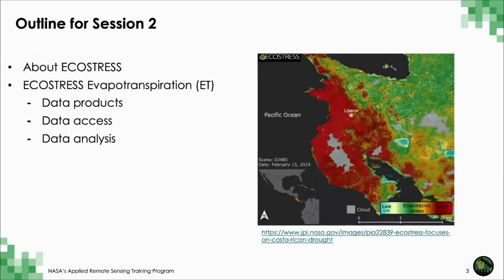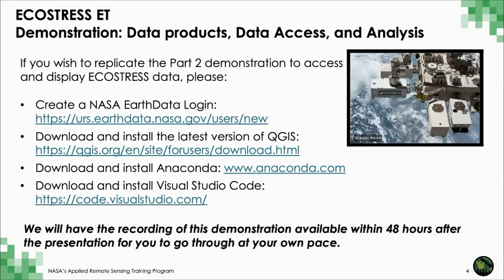So we'll start with a very brief introduction of ECOSTRESS today, and then Gregory Halverson will have the demonstration of data products and analysis. Just to make one point of clarification: if you wish to replicate the demonstration that you will see from Gregory Halverson, these are the steps required.